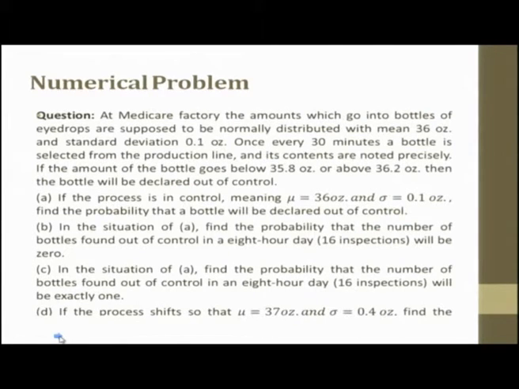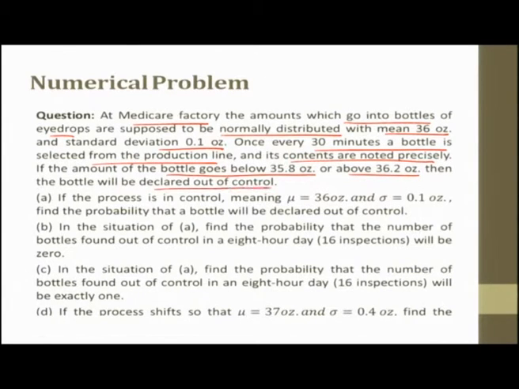Now, I have a numerical problem here. A medical factory is interested in finding the amounts which go into bottles of eye drops, which are supposed to be normally distributed with mean 36 ounce and standard deviation 0.1 ounce. Once every 30 minutes a bottle is selected from the production line and its contents are noted precisely. If the amount goes below 35.8 ounce or above 36.2 ounce, then the bottle will be declared out of control.